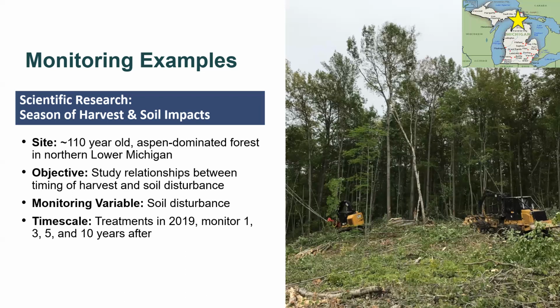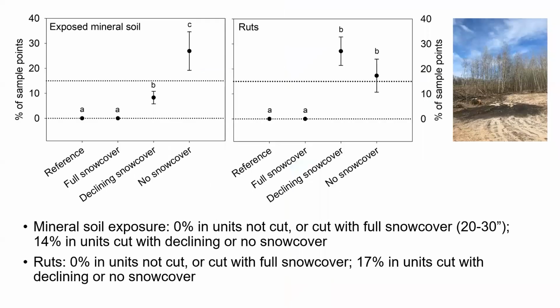What we did in this case was some scientific research to support our monitoring. We wanted to be able to quantify the effects of these different timing of harvest operations on minerals on the soil surface. And we collected that data in a way that we could both quantify the magnitude of management effects on soil properties and also their variability.